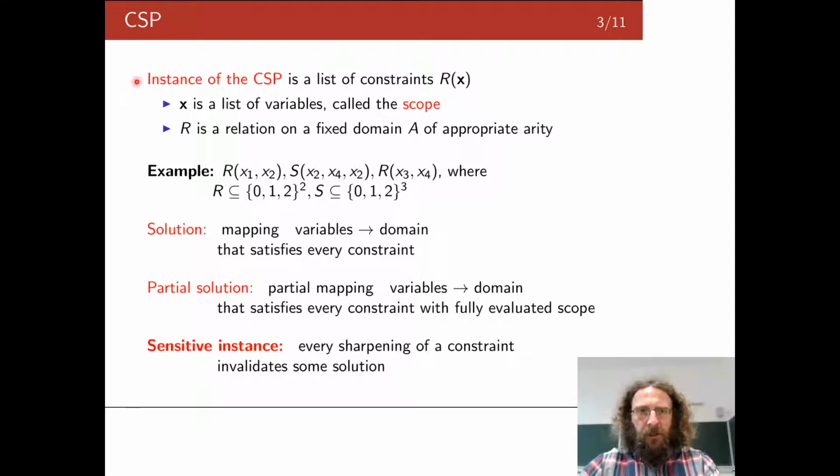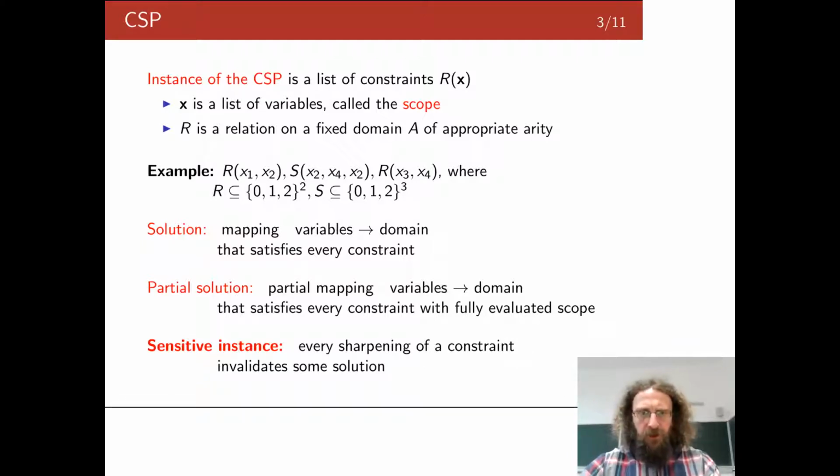In more detail, an instance of the CSP is a list of constraints of the form Rx, where x is a list of variables called the scope, and R is a relation on a fixed domain of appropriate arity. Here is an example. An instance may look like this, where R is a binary relation on the domain 0, 1, 2, and S is a ternary relation on the same domain.